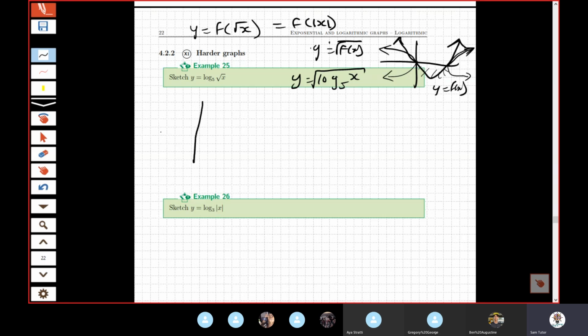So y equals log base 5 of root x. Well, your normal one looks like this, right? This is y equals log base 5, and then you can plug in any point. You can pick 2, and then you can just write this is log 2 base 5. It's not hard to show. Root x is just all of these numbers become a little bit smaller.